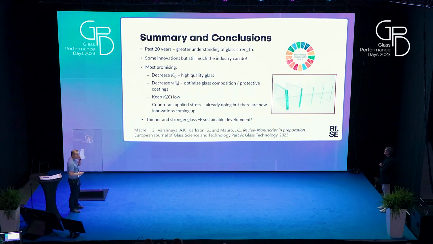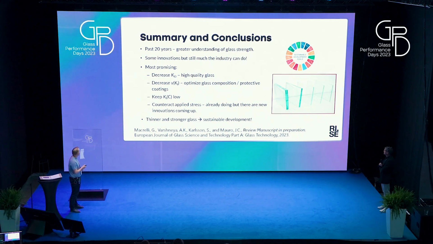So, summary of conclusions. I mean, in the past 20 years, we have received a quite good and great understanding of the glass strength. We also got some new innovations, but I think there is still much we can do. And I think most promising is getting high quality glass, optimizing glass compositions, and also keeping K1 low.